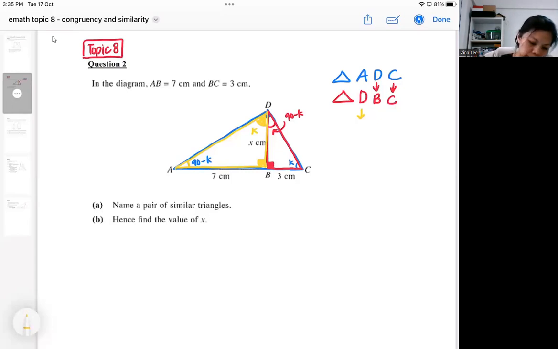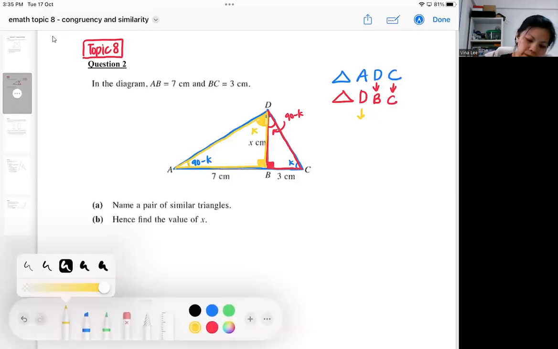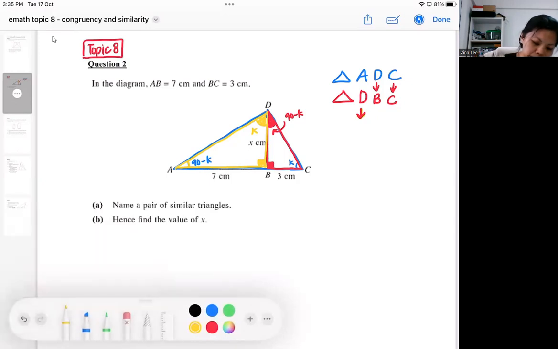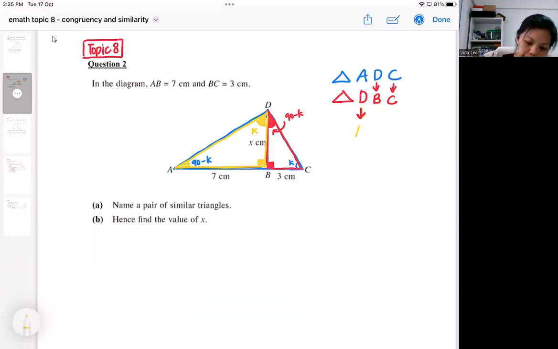Okay, wait. This angle here is 90 minus K. So I can match it with the 90 minus K in the yellow triangle. So in the yellow triangle, the 90 minus K is this one. Then B is the 90-degree.